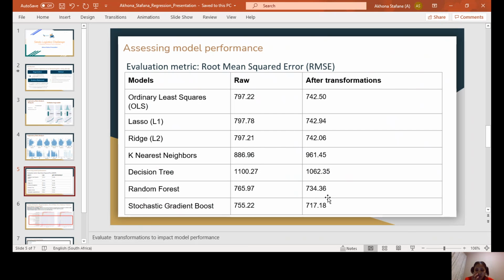However, we took the ordinary least squares as our final model due to simplicity and to the fact that it is close to the lowest model in terms of the root mean squared error.